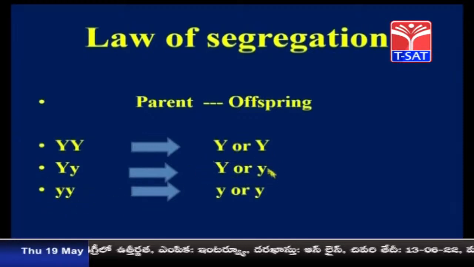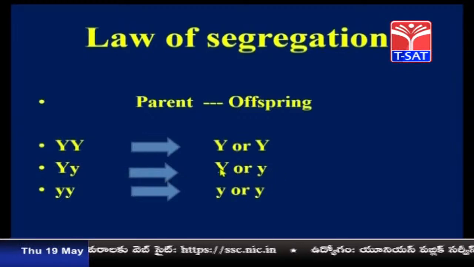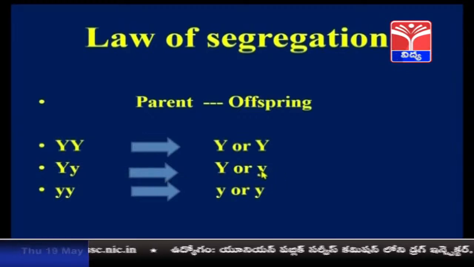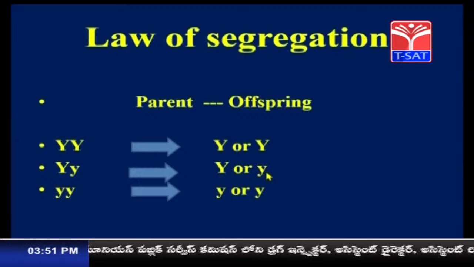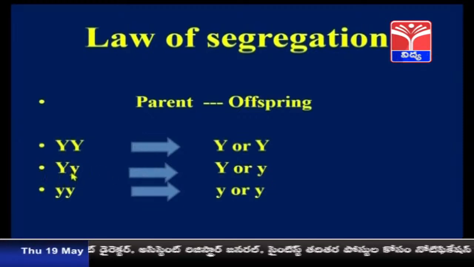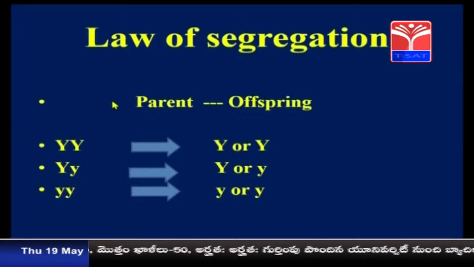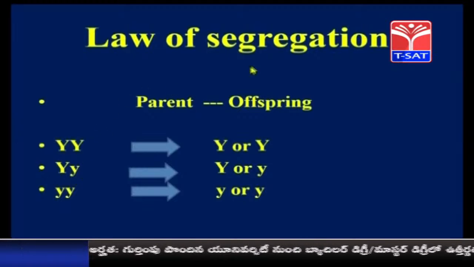In heterozygous nature, the F1 plants we referred to previously, the gamete can get either capital Y or the recessive allele, small y. So in the heterozygous condition, these 2 did not mix up to produce some other trait; they maintained their distinct nature and go separately into gametes. This is called the law of segregation.